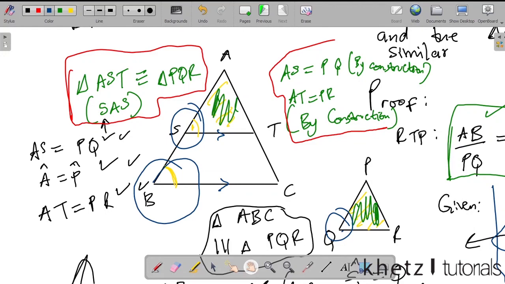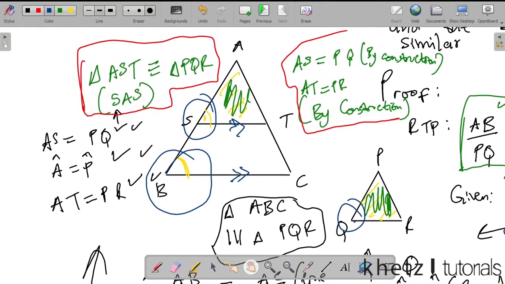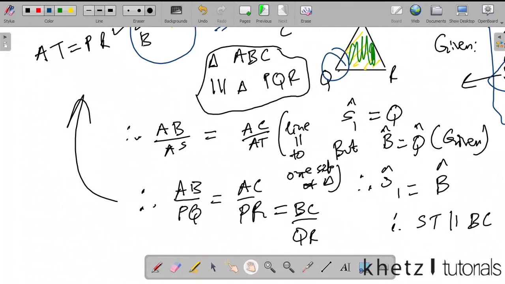So now that we have S1 equal to B, the only way that can happen is if this line is parallel to this line. So if that holds, we can come back to the first theorem, which says a line which is parallel to one side of a triangle divides the other two sides proportionally, which therefore makes us conclude that the sides are in proportion.